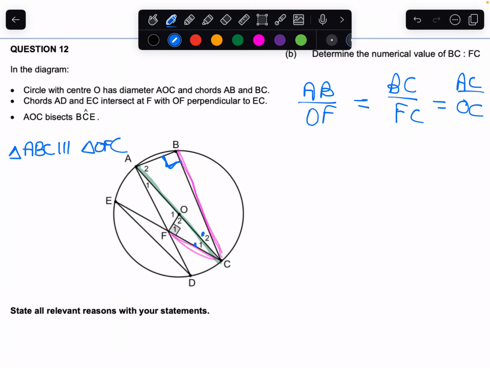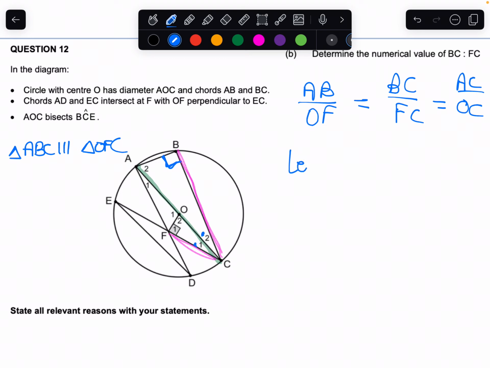And so what we see there is that AC and OC are the pair that goes together in the two triangles. So we can then figure out the ratio of BC to FC by looking at the ratio of AC to OC, because that will be a constant ratio for the different corresponding pairs, if that makes sense.